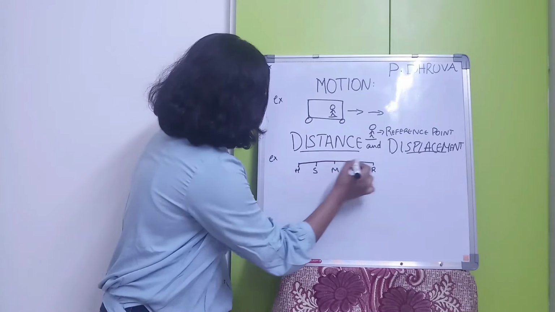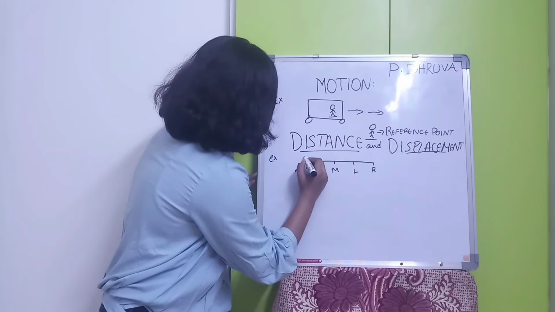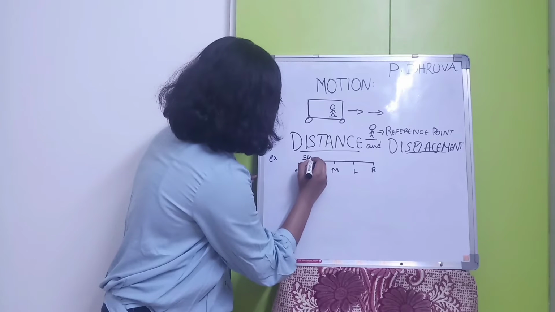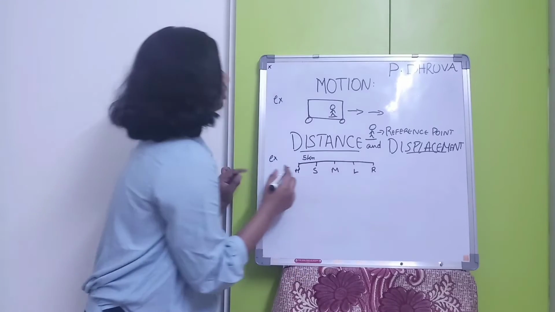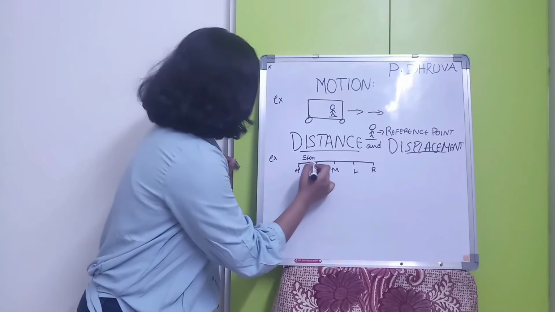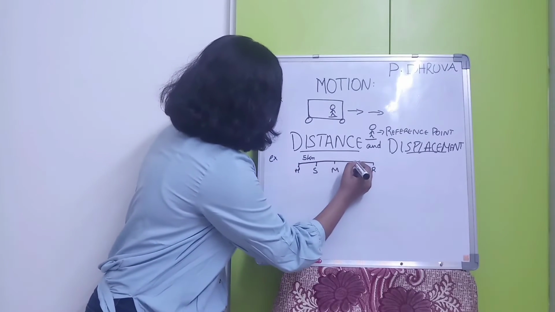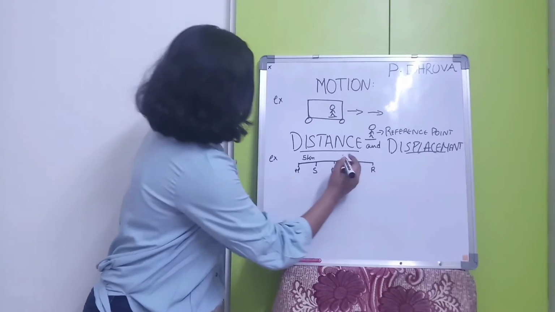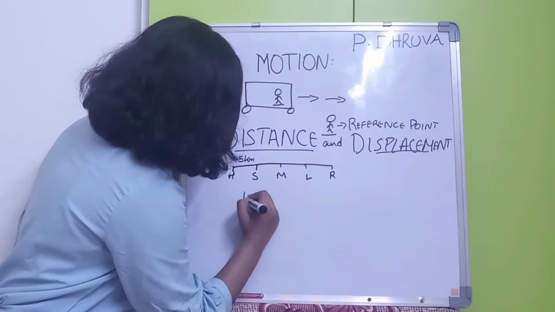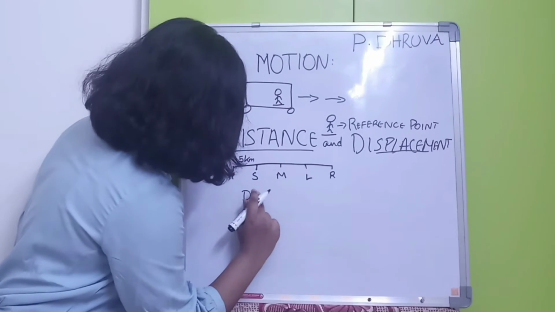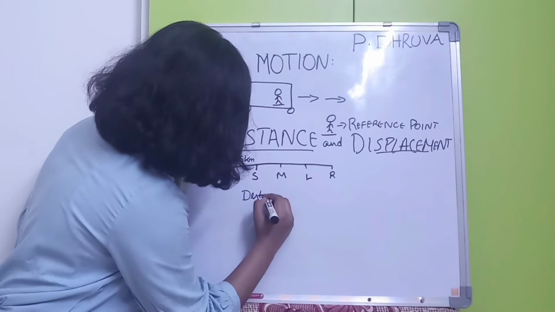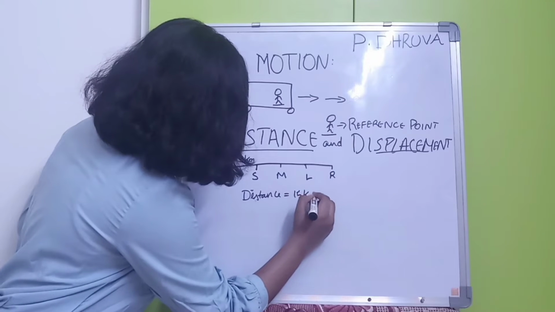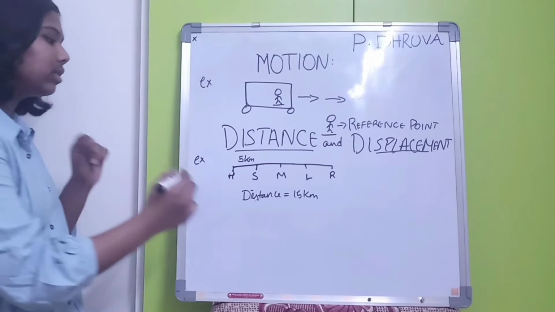Let's assume the distance between each of these locations as 5 kilometers. When you travel from home to school, then to market, then to library, how much is the distance? 5, 5, 5. It is 15. The distance here is 15 kilometers. And the displacement is also 15.